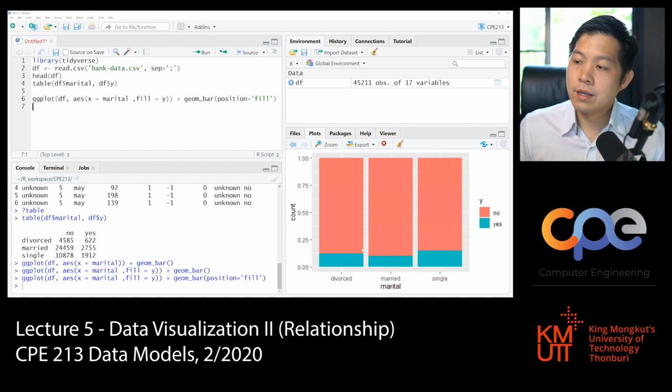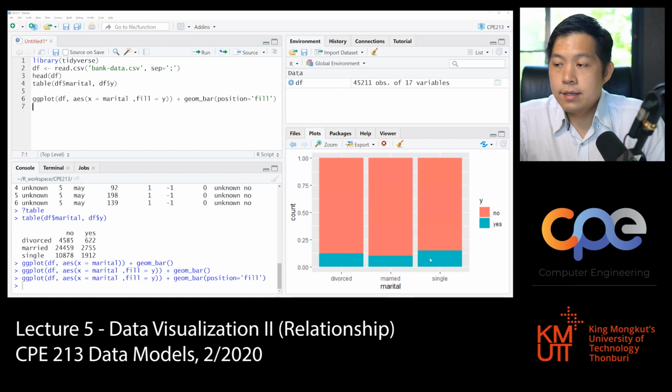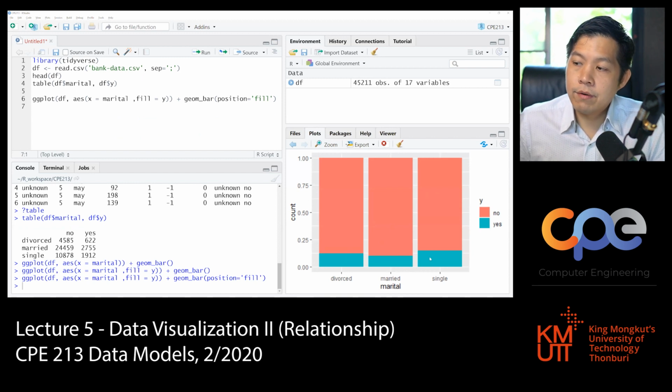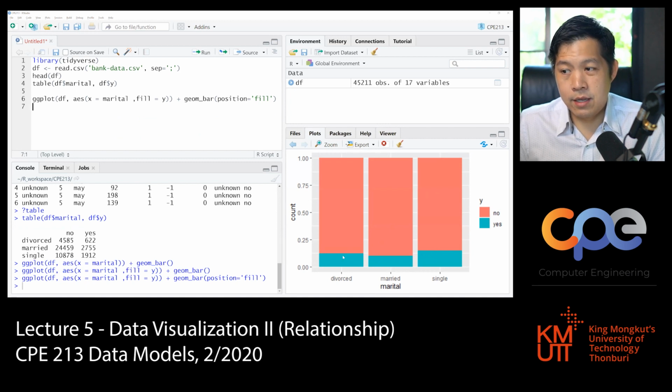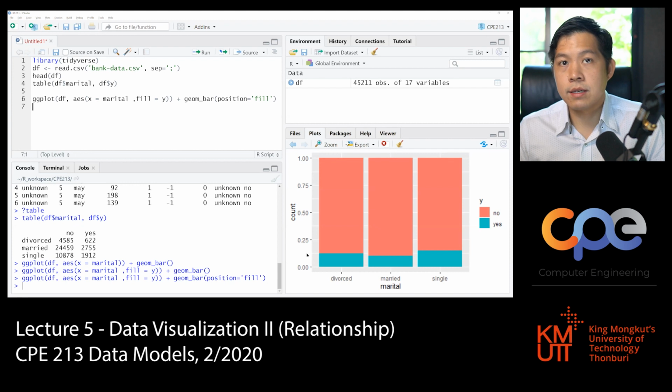But for this one, it shows you that, in terms of the proportion, they are not that different, because in terms of the levels here, they are all about, let's say, 13%. Yeah, they are about the same, 13% for divorced, for married, for single, plus or minus some, I think 2%.